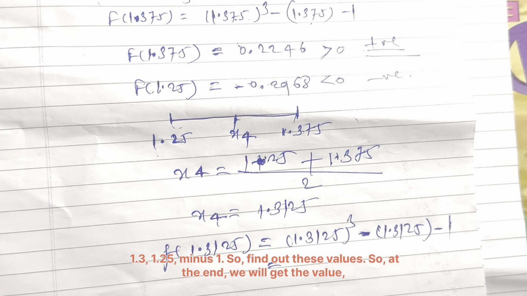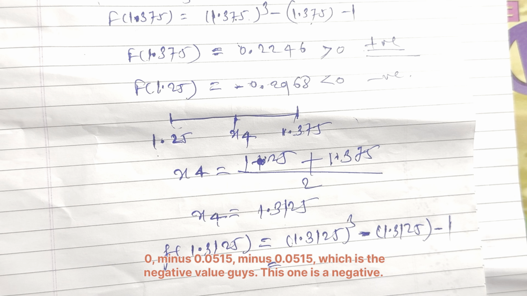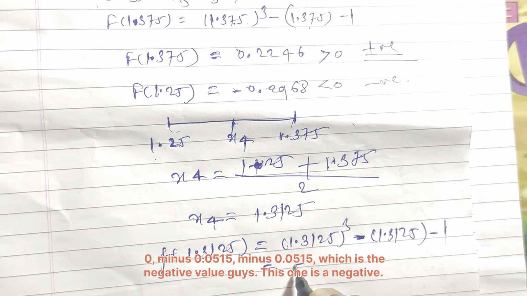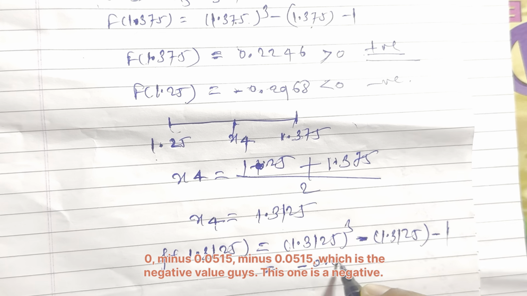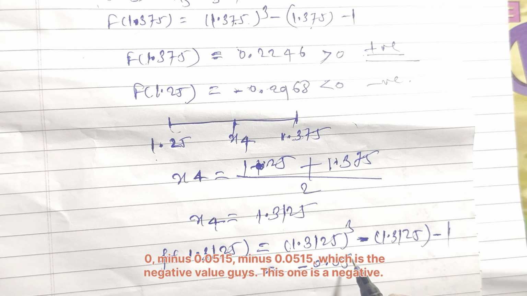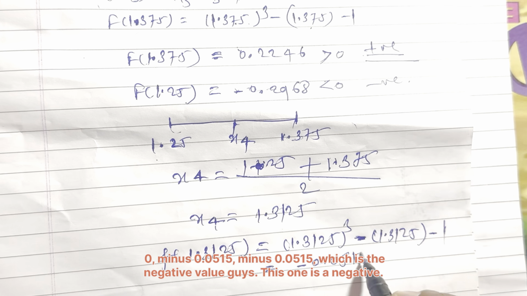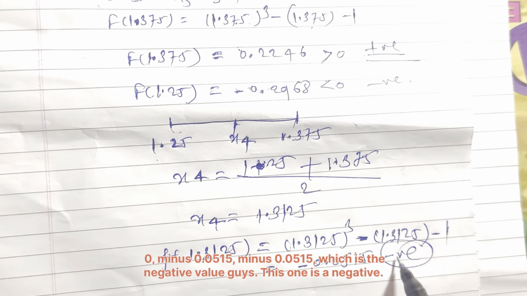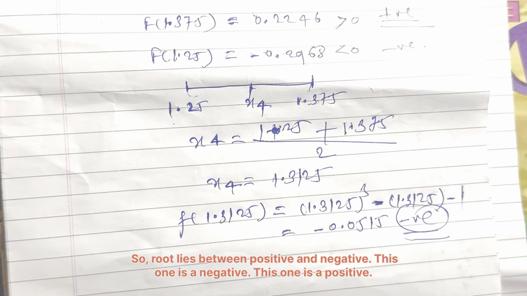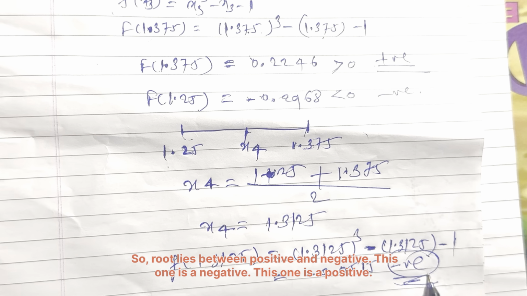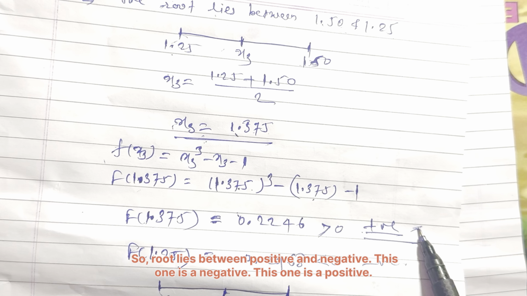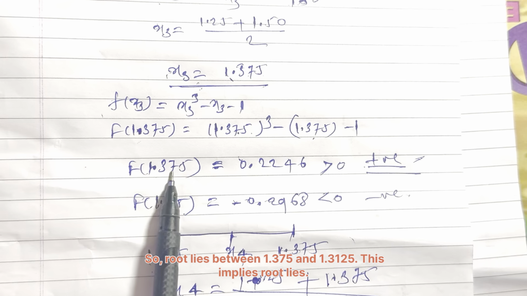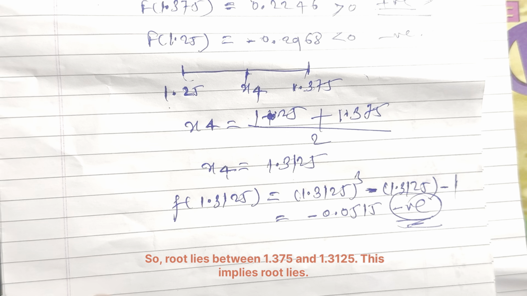At the end we will get the value minus 0.0515, which is the negative value, guys. So the root lies between positive and negative. This one is a negative, this one is a positive. So the root lies between 1.375 and 1.3125.